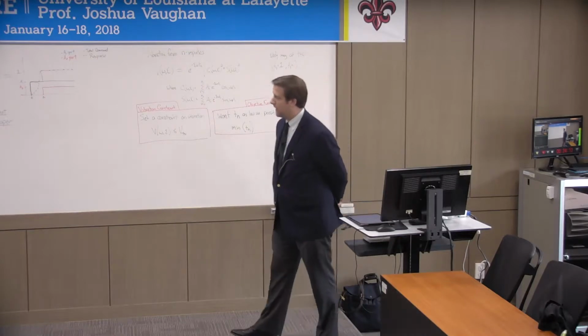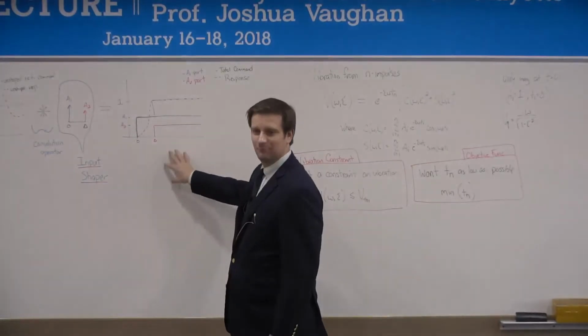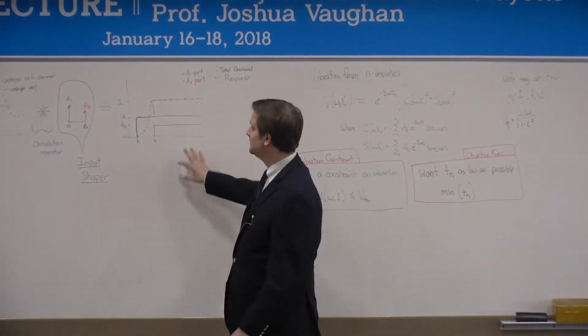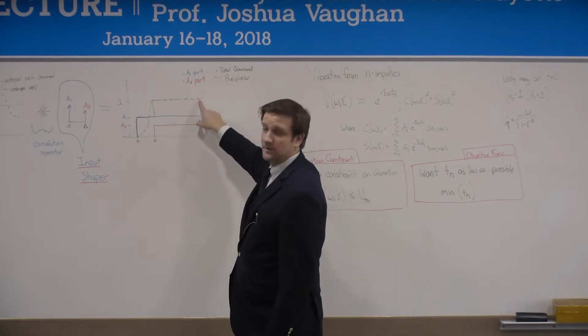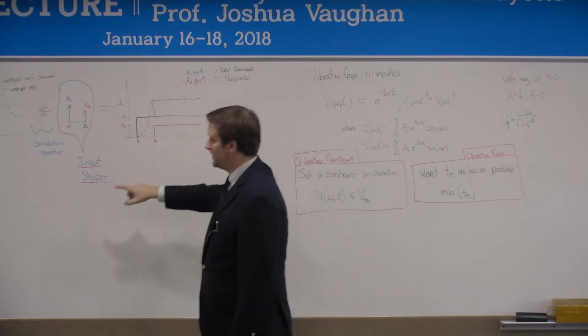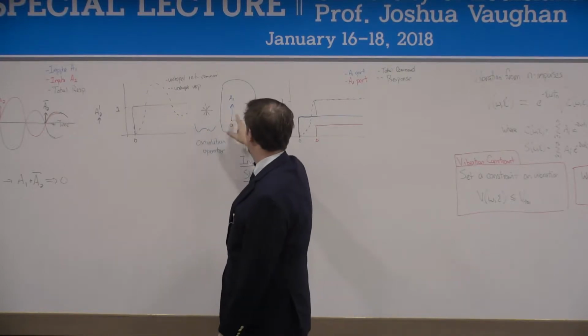Well, let's look back at what happened here. I made some assumptions in this problem and didn't clue you in on them yet. Right? In order for my shaped command, the total response in black here, the staircase one, to get to the same final position, 1, as the original unshaped command, what has to be true of A1 and A2?